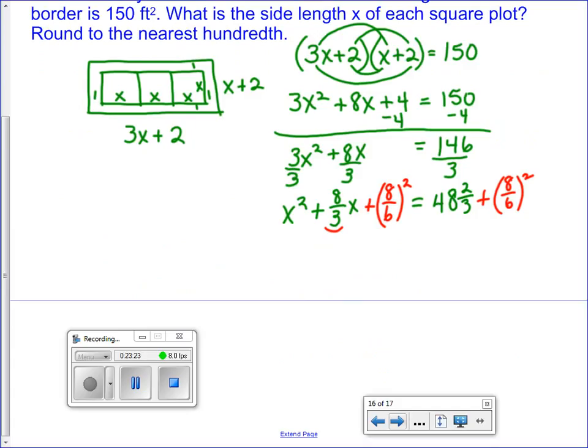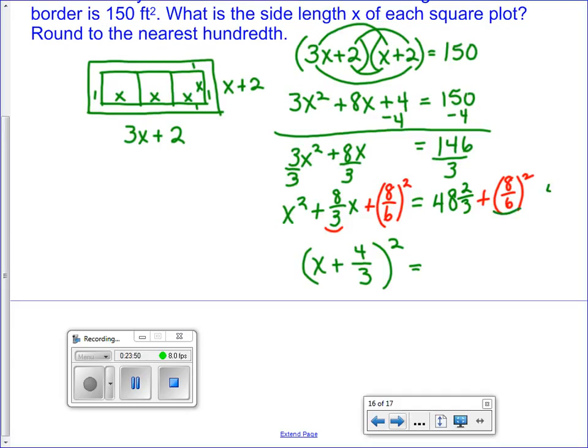Going ahead and factoring, we would have x plus 8 over 6. Let's go ahead and reduce that. 2 goes into 8 4 times, 2 goes into 6 3 times. So it'd be x plus 4/3, quantity squared. On the right hand side, let's do the same thing.